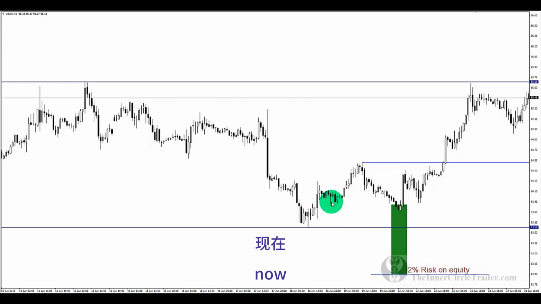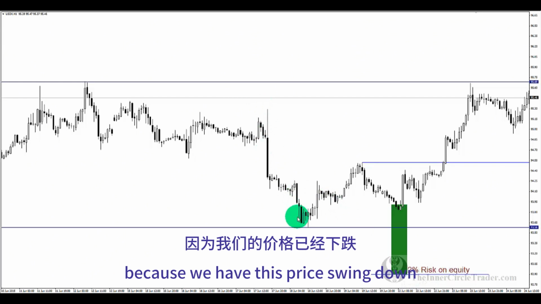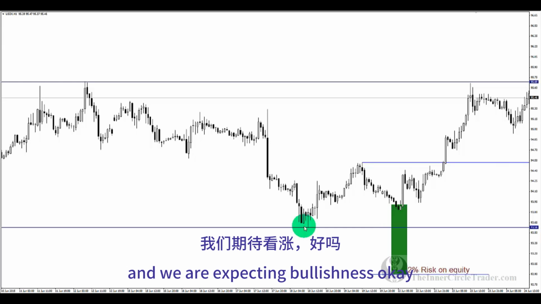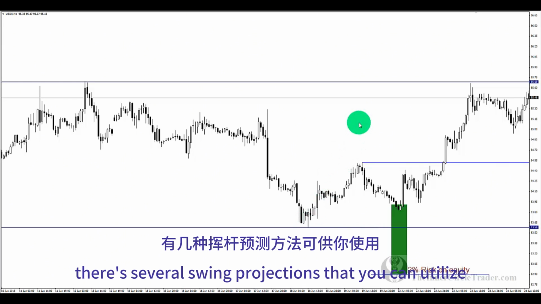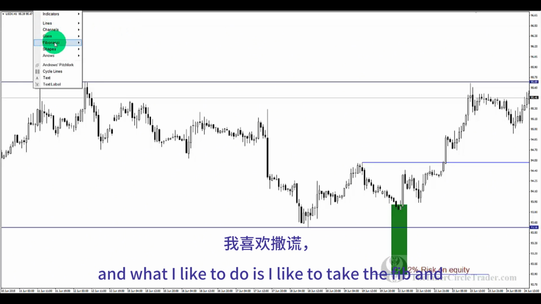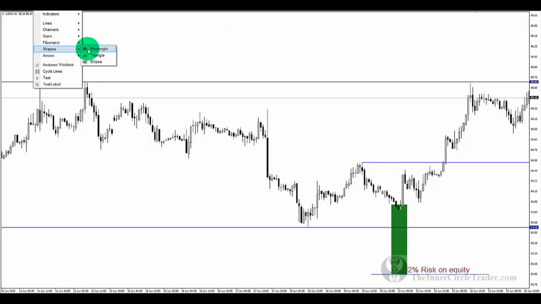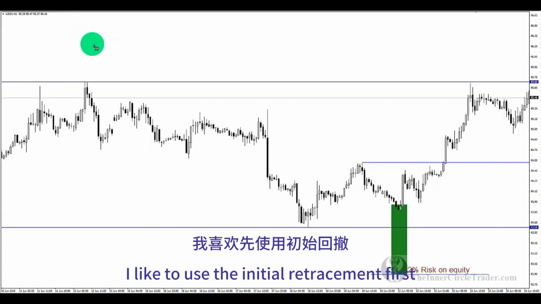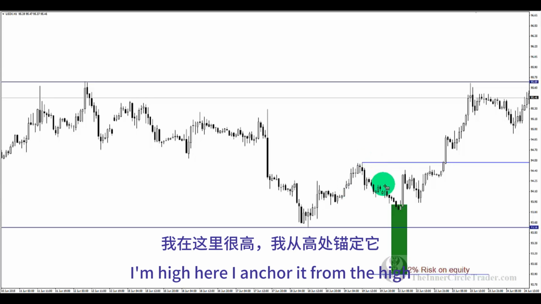Now, because we have this price swing down and we are expecting bullishness, there are several swing projections that you can utilize. What I like to do is take the fib and use the initial retracement first, which is this little short-term high here.